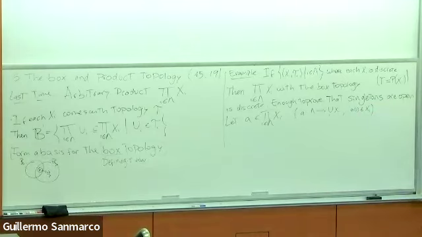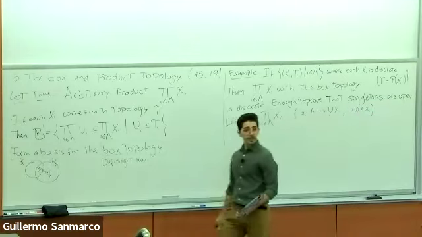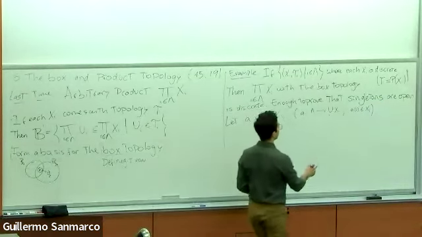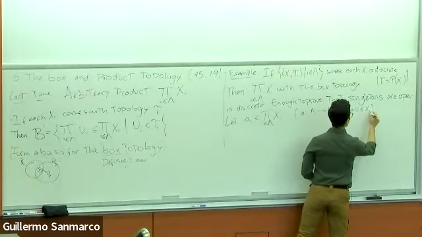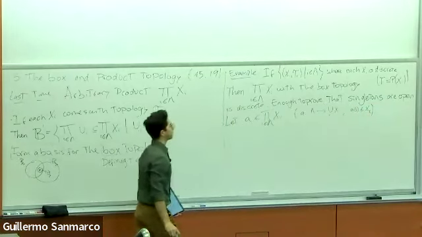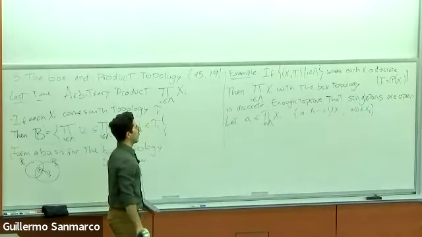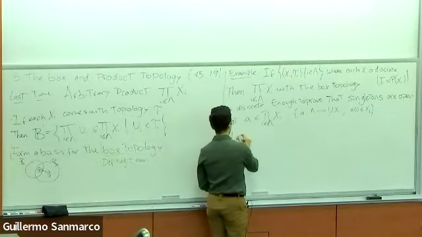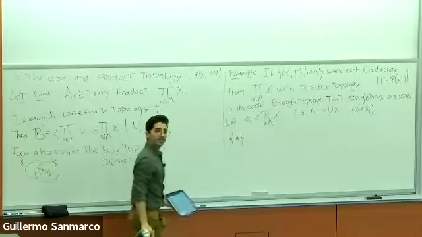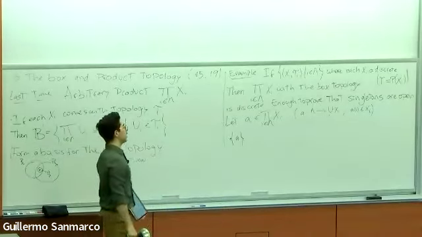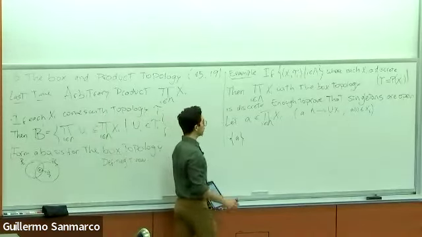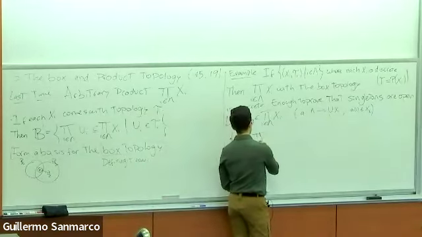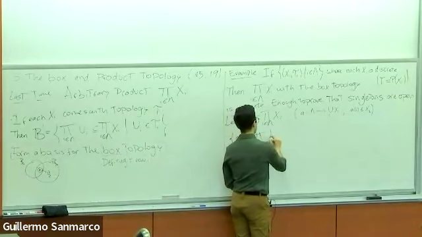That's how we define the product. A is a function with that property. This is an I. We need to show the singleton here. That singleton, a one-element set, is an element of the box topology, but we can just write that singleton as a product of open sets of these four.